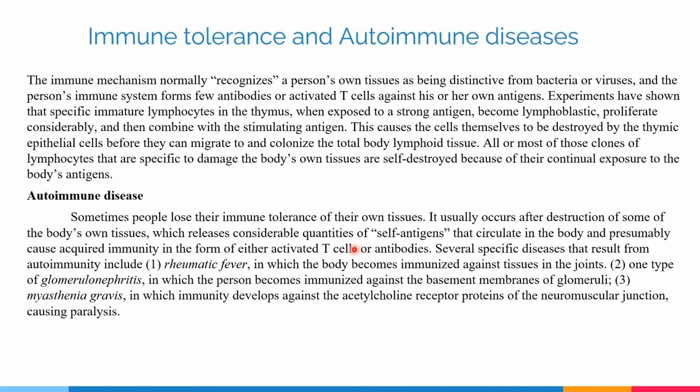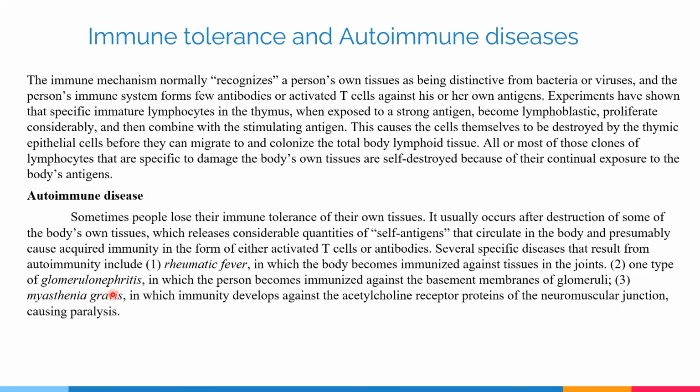And the immune system starts getting geared towards acting against this seemingly foreign particle. Hence, we have the disease known as rheumatoid fever, in which the immune system starts acting against our joint tissues.